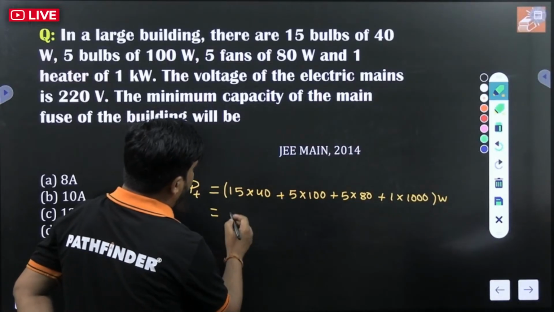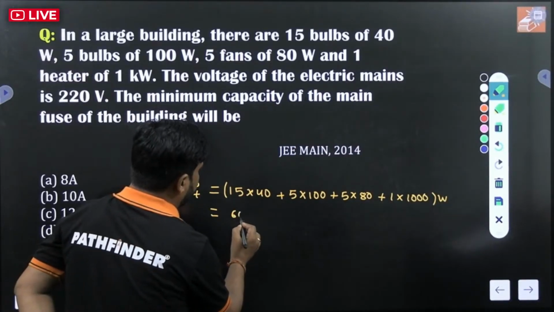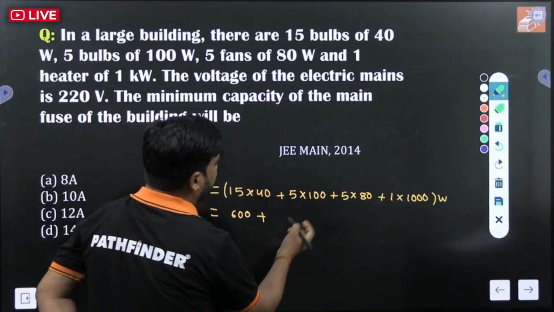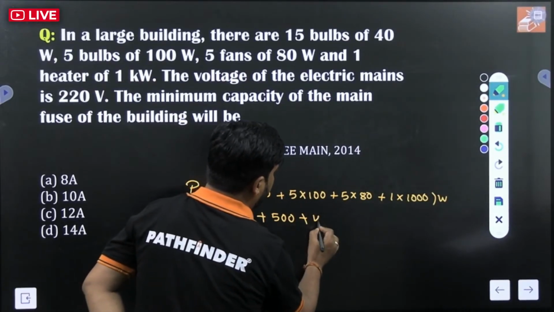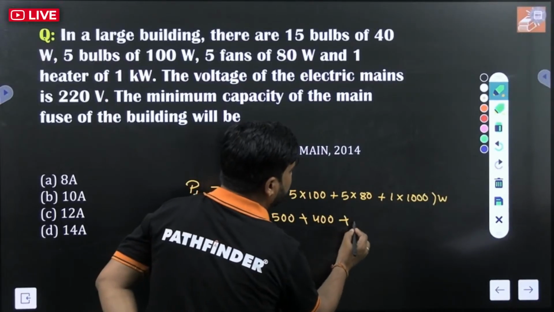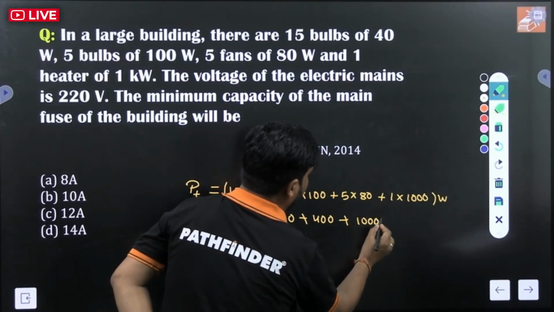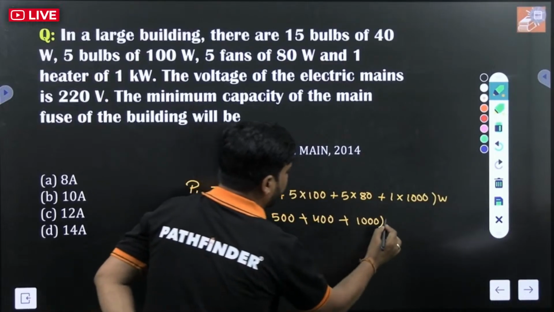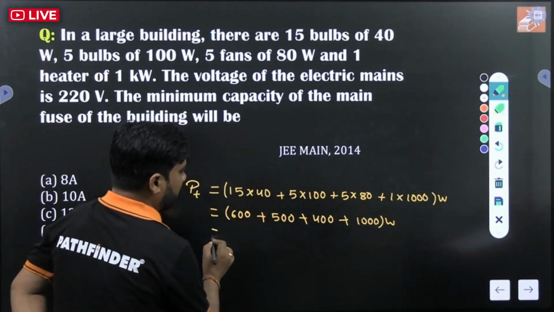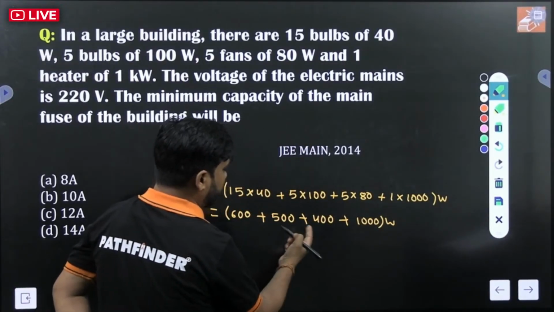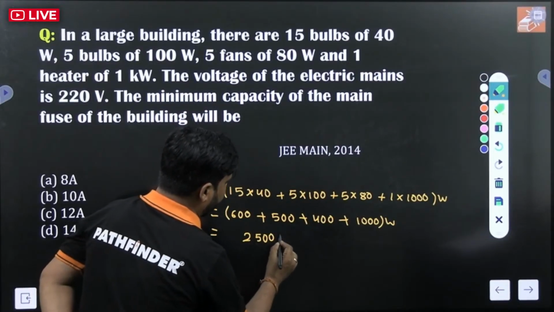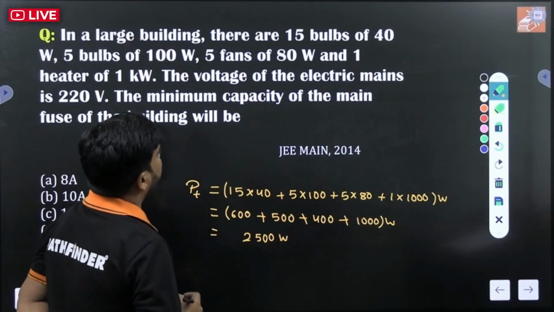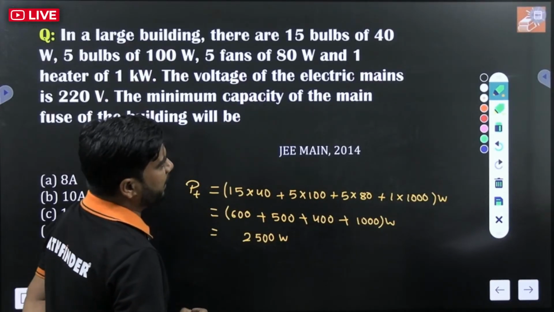So total 15 into 40, that is 600, plus 5 into 100, 500, plus 80 into 5, that is 400, plus 1000. How much does it become? 1000 plus 1000, 2000. So it will become 2500 watt.